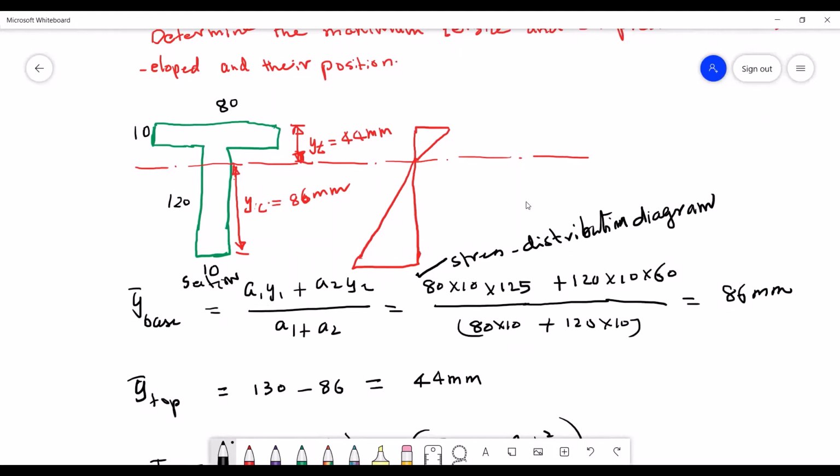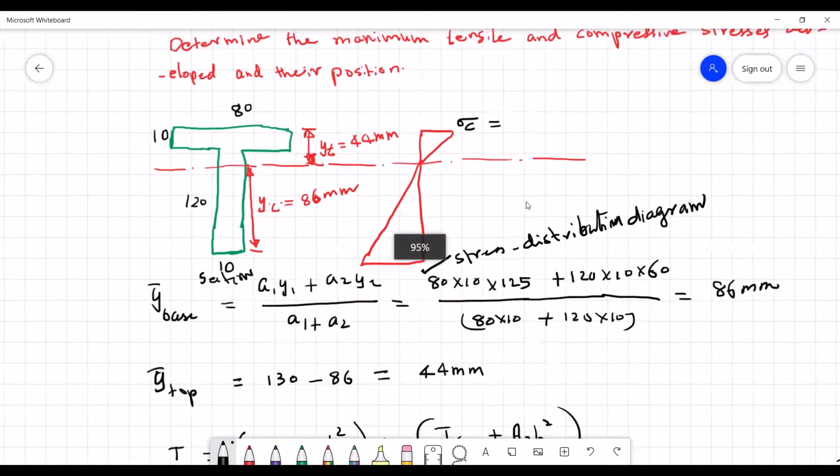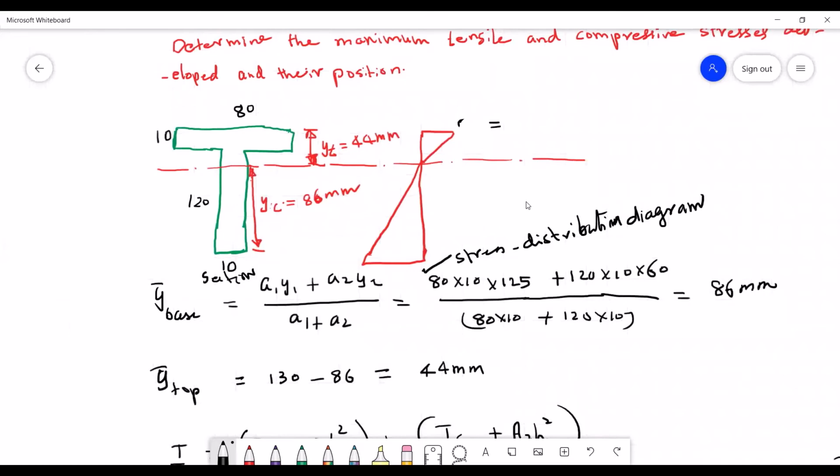And here we have sigma C, sorry, it is not sigma C, it is sigma T. Sigma T is 50.65 Newton per millimeter square, and this is sigma C. So sigma C is 99 Newton per millimeter square.